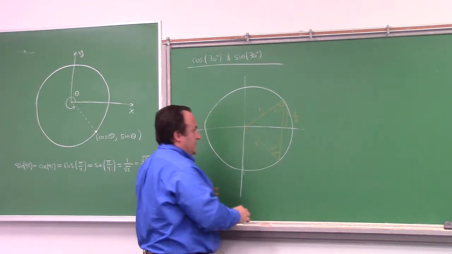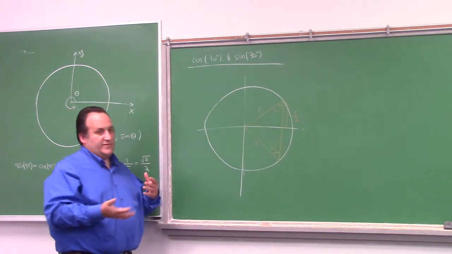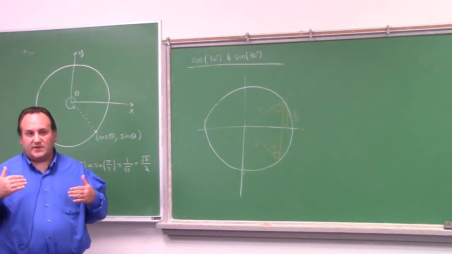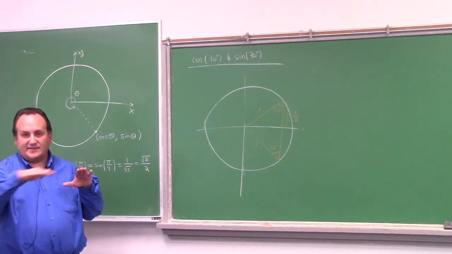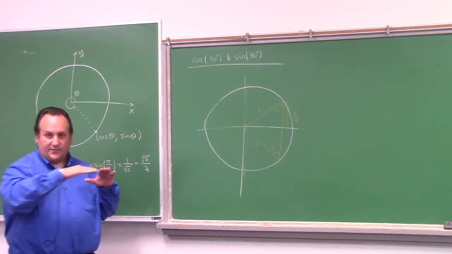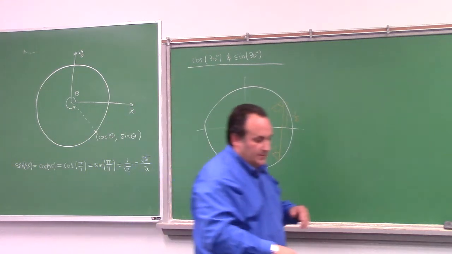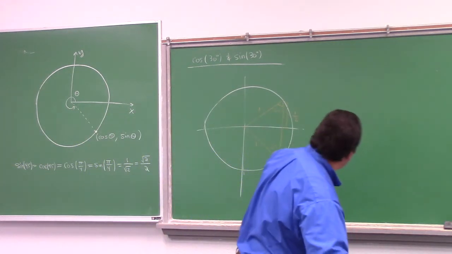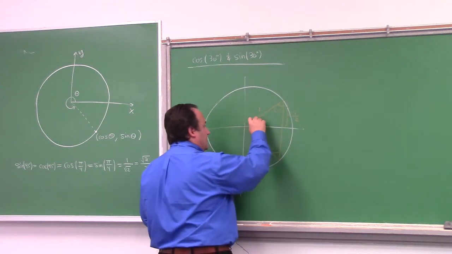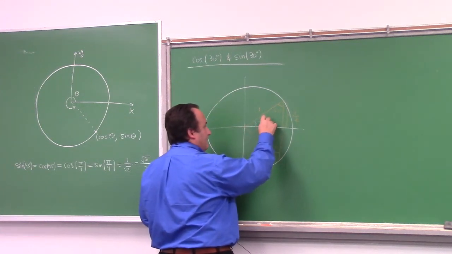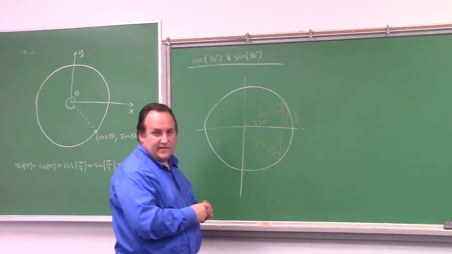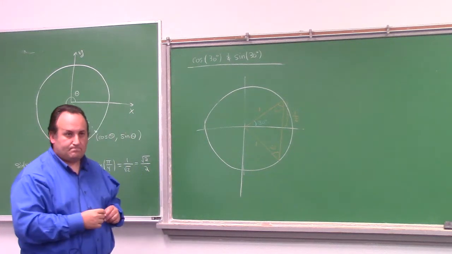Also, from the symmetry of the problem, you can see that the middle angle of 60 degrees is bisected by the x-axis, so you get 30 degrees above and below. Certainly, I hope you can agree, this right here is 30 degrees. Everybody see it?